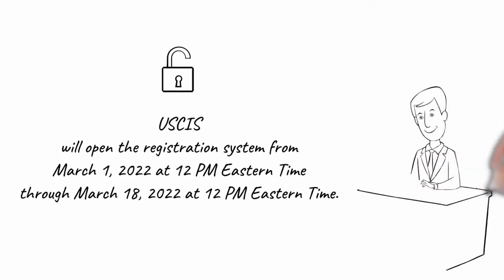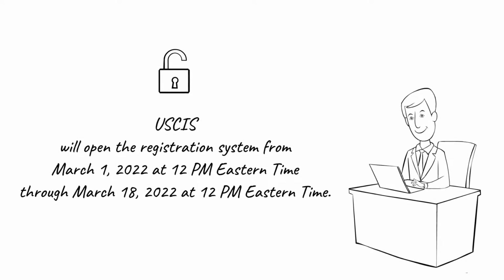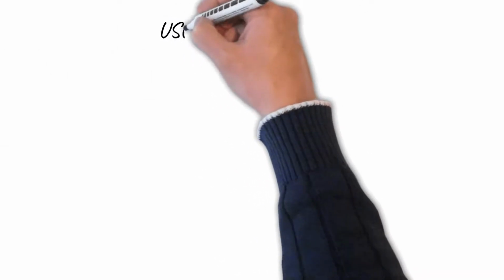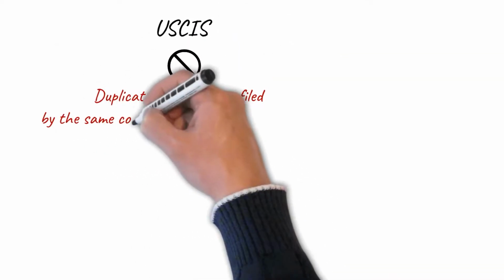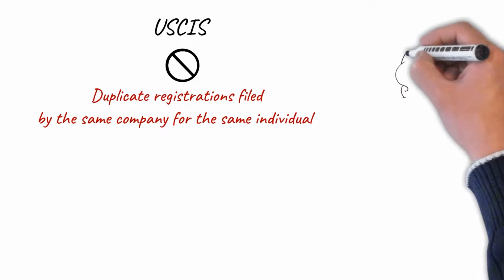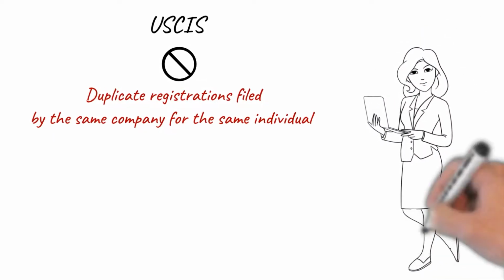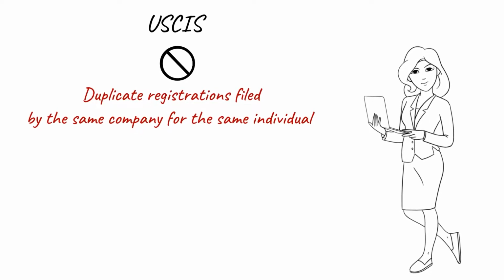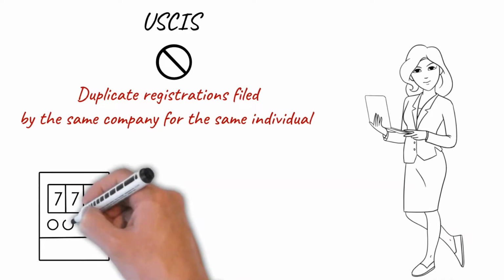During this time, your employer will register any foreign nationals that they plan to sponsor for a CAP subject H-1B visa. It is important to note that USCIS will automatically disqualify any duplicate registrations filed by the same company for the same individual. Your employer or their respective attorney will register you for the lottery. Therefore, you must not try to register for yourself at any time.